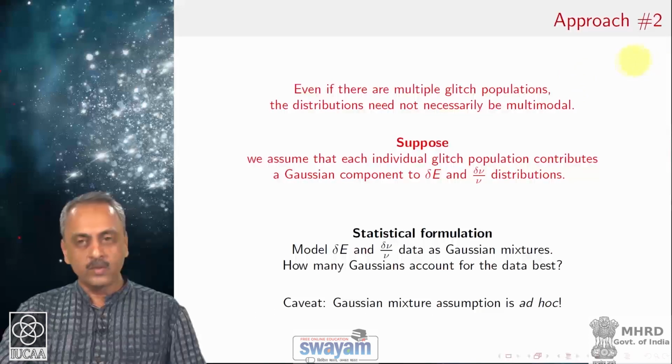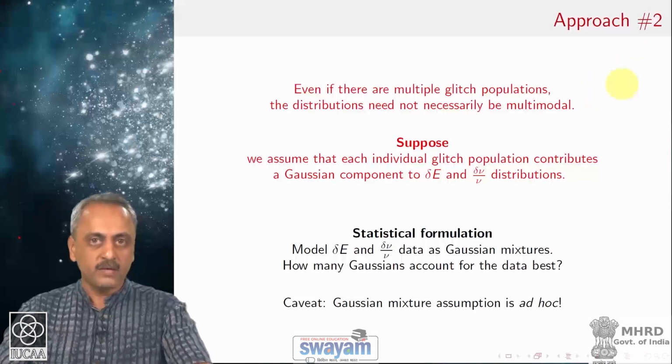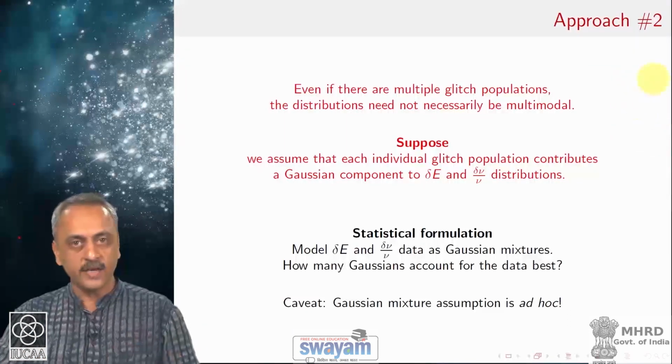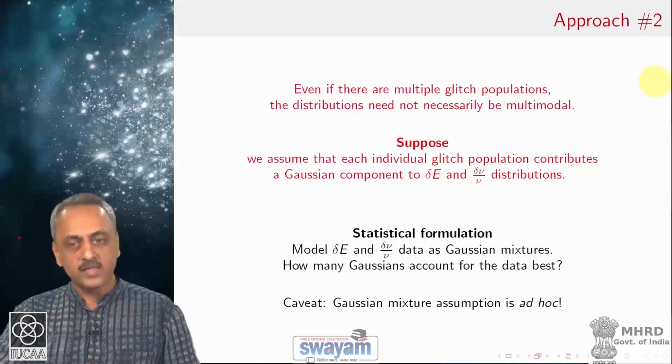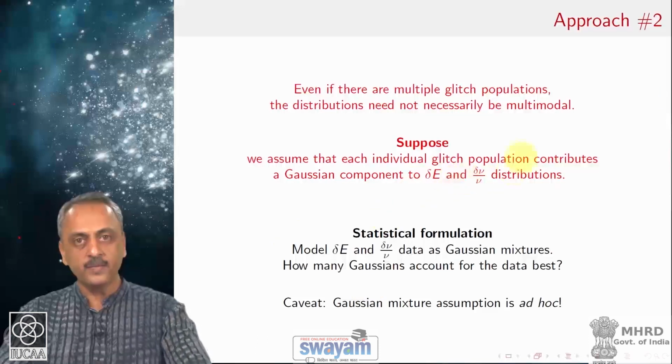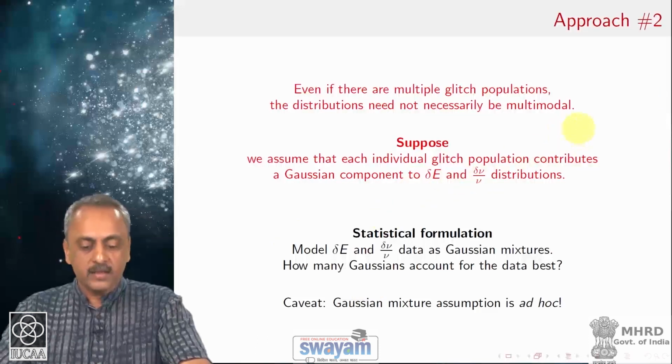So, the second formulation that we try is to assume that each glitch population has a Gaussian shape in both delta E and delta nu.